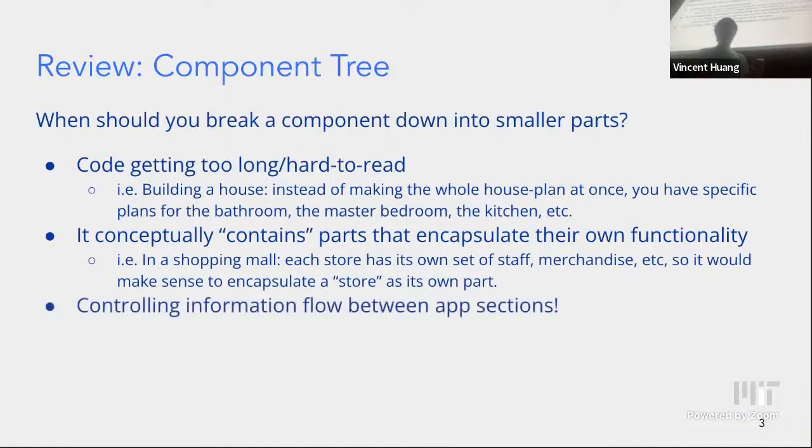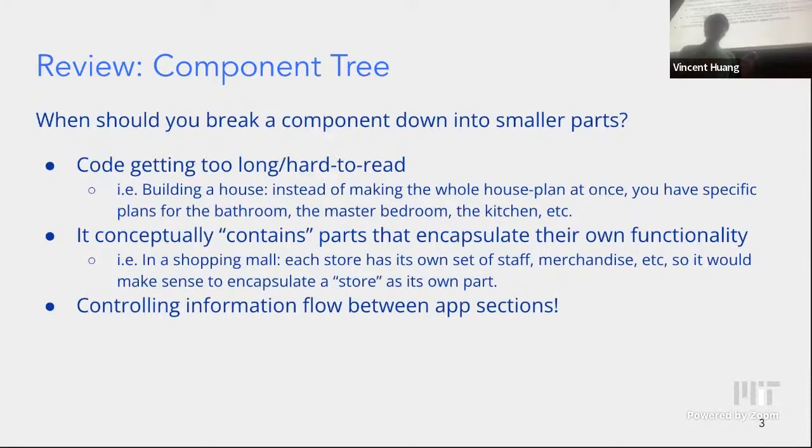The last important use case is to control information flow between different sections of your app. One problem you might have, if you just have one app component with all of your code in it, is that if you do this carelessly, you'll end up in a situation where all your variables are in the same code block, and any part of your app has access to any other information from other parts of the app.